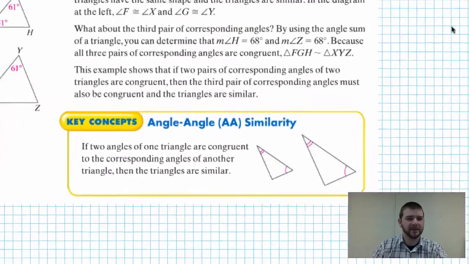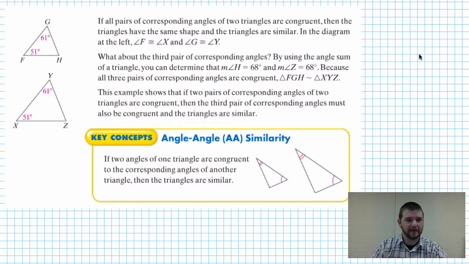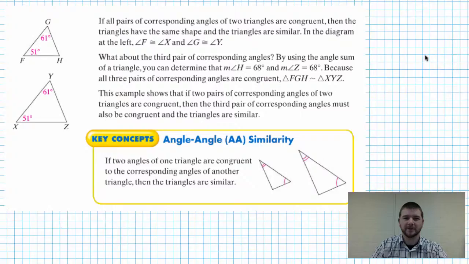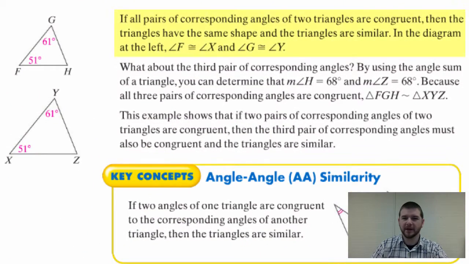So moving along after example problem number 1, here we have some more information and a new key concept. If all pairs of corresponding angles of two triangles are congruent, then the triangles have the same shape and the triangles are similar. In the diagram at the left, angle F is congruent to angle X and angle G is congruent to angle Y. What about the third pair of corresponding angles?